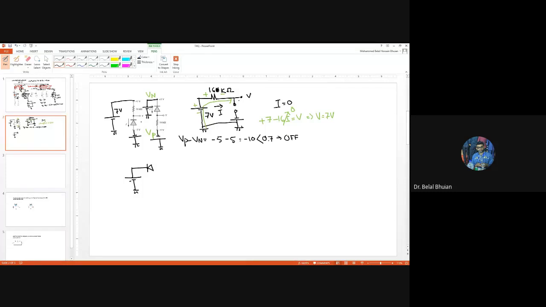You see the order I go from the DC voltage source: the positive terminal of the voltage source is connected to the N side of the diode. And then we have the resistor. V, I.